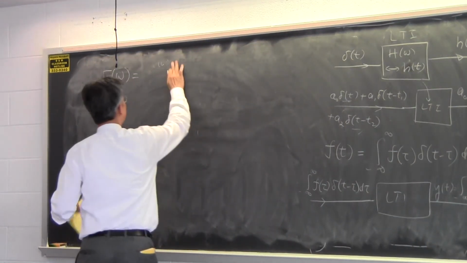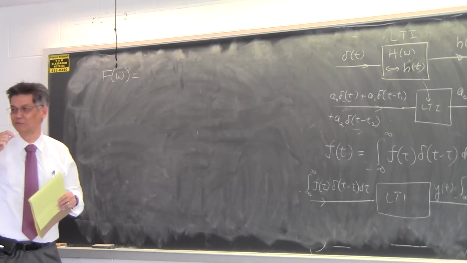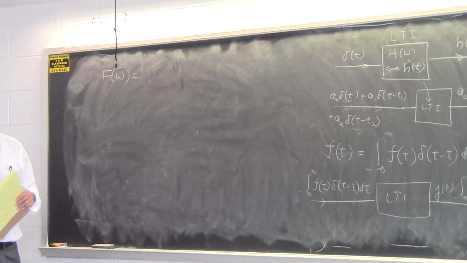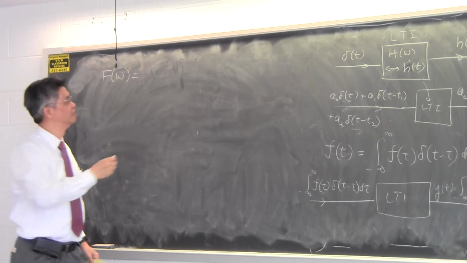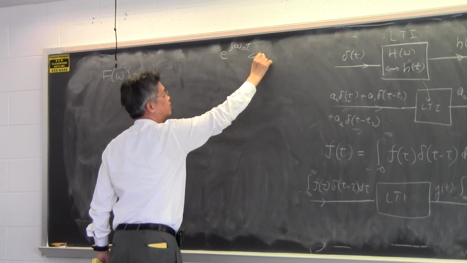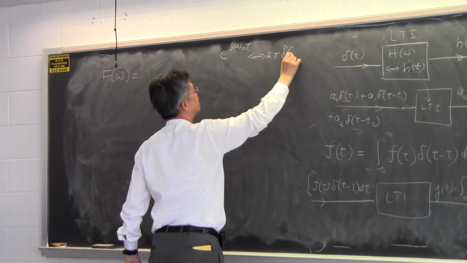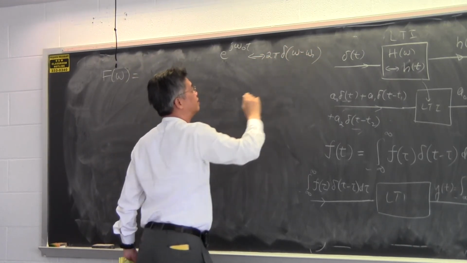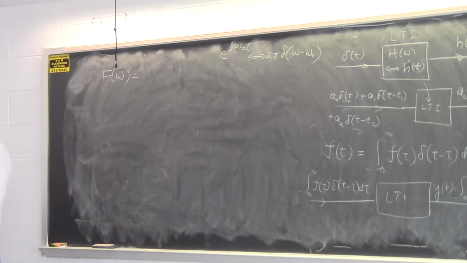I hope I don't have to derive everything, and you can commit things to memory. The Fourier transform of e to the j omega naught t is 2 pi times a delta function. Maybe this is the fundamental one that you need to remember. An oscillatory signal gives you that.